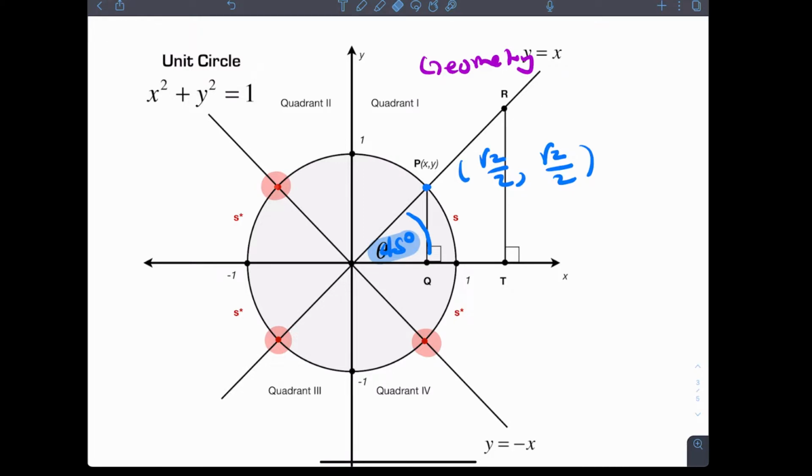What else do I know about a circle? A circle is highly, highly, highly what? Symmetric. Would you guys agree with that? Isn't a circle symmetric? We're going to take advantage of that symmetry.